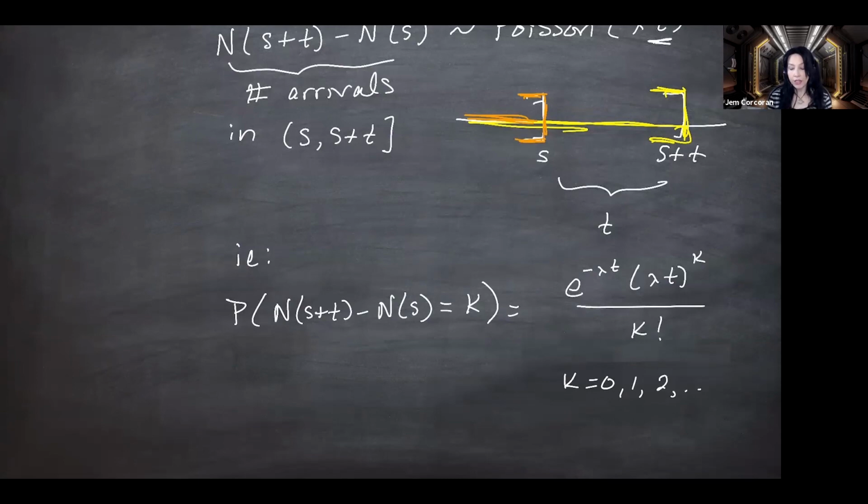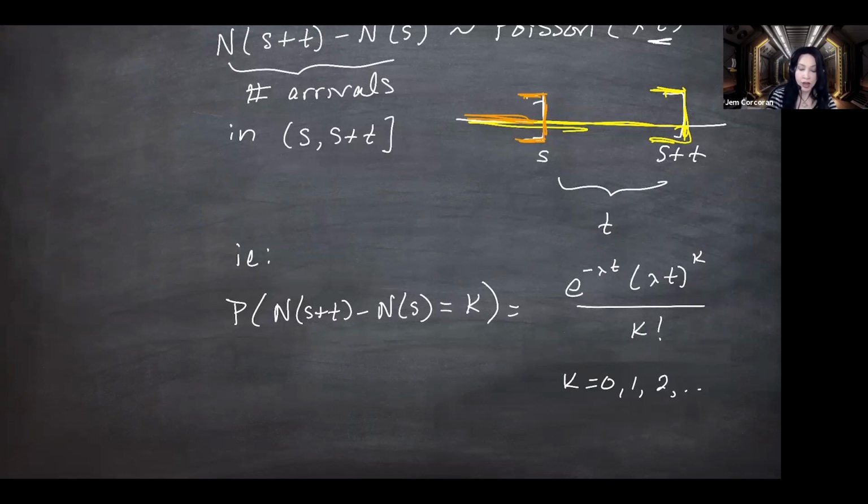And you'll notice in this definition that the distribution on the right side doesn't depend on S. So you can look at the timeline anywhere. You can start at any S, and the number of arrivals in the next t units of time depends on the length of the interval, but it doesn't depend on where S was.